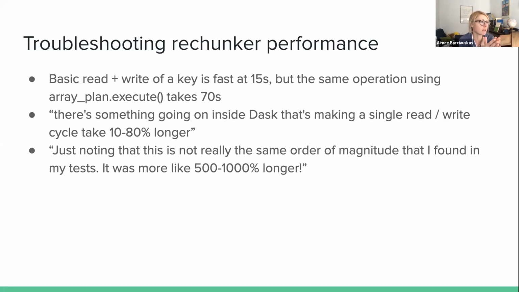But when you analyze these things using the Dask distributed dashboard, you can see that it's taking up to 70 seconds when the same read-write operation is happening in Dask distributed. So there's something going on inside Dask that's making a single read-write cycle take 10 to 80% longer. That was one person's quote, and another person found that it was taking 500 to 1,000 times longer.